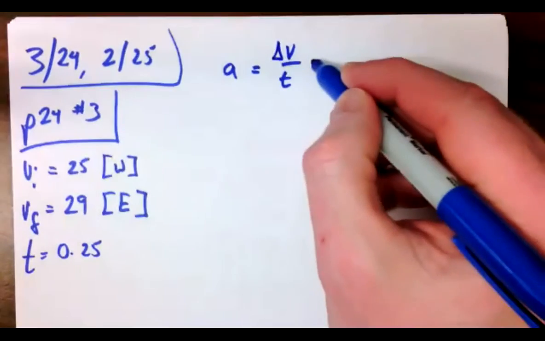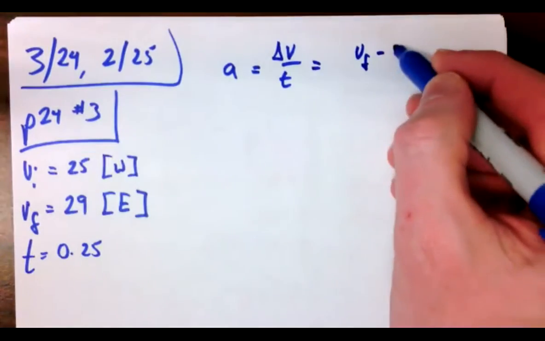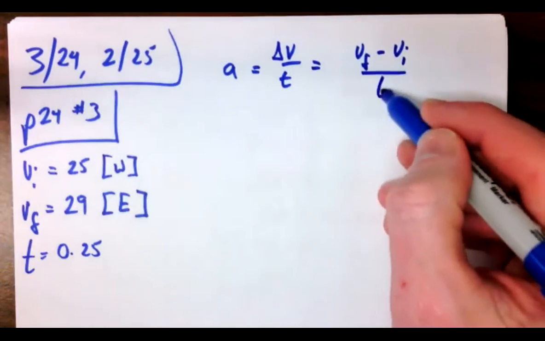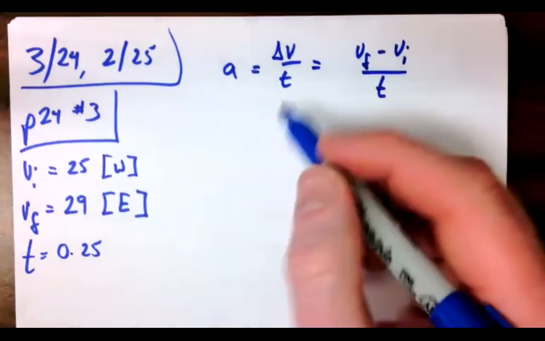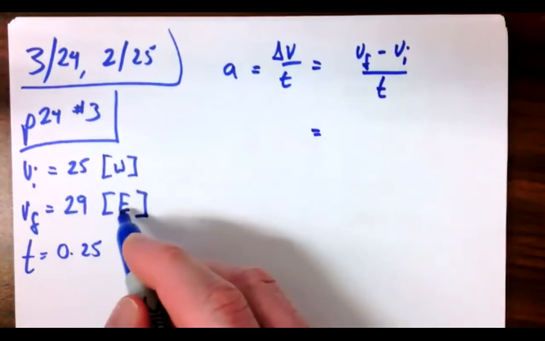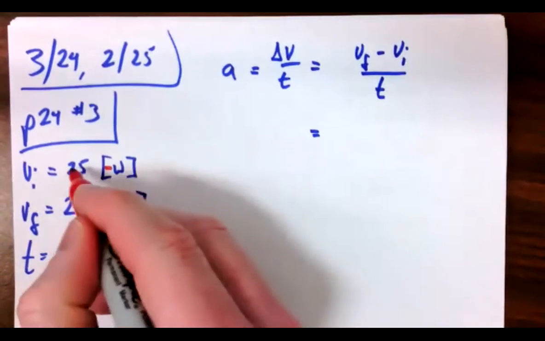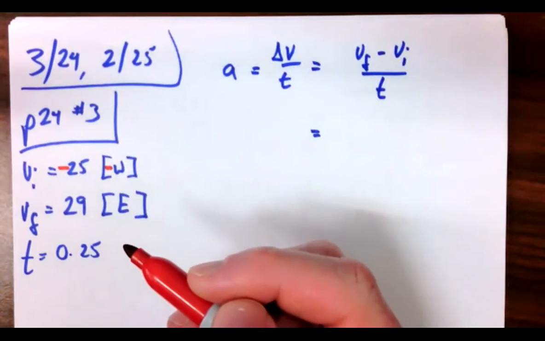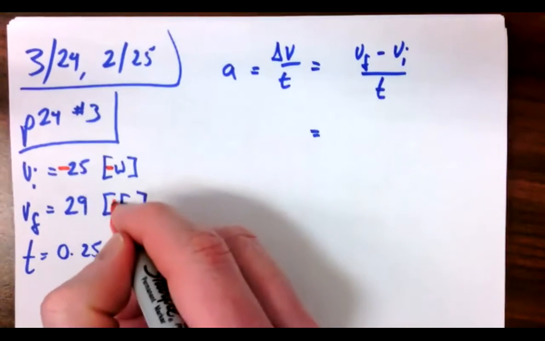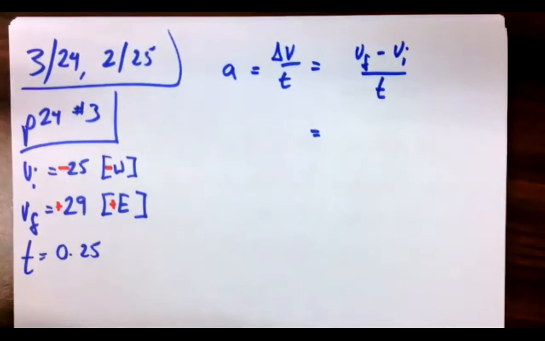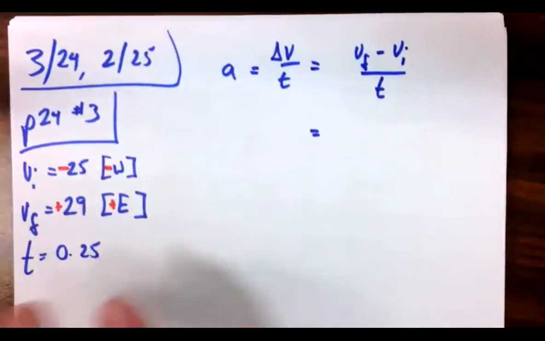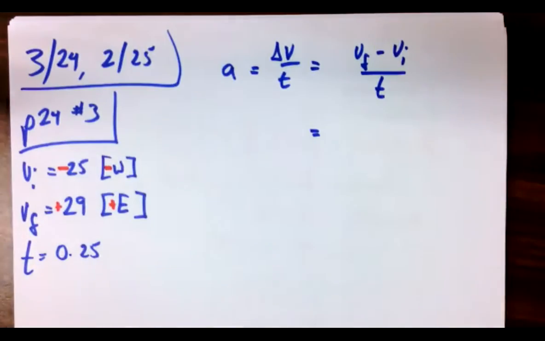Now, delta V is VF minus VI, final minus initial, over time. So if we are going to use west meaning negative, then this is going to be negative 25, and this will be positive. If you decide to go the other way, that's totally fine. It will make sense, I promise you.